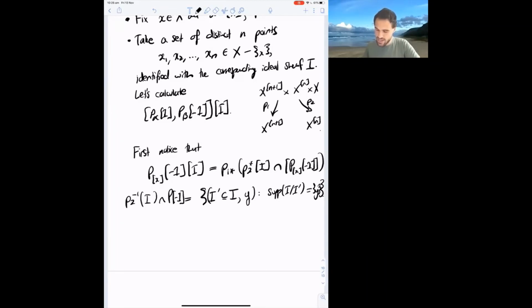And basically the effect of this cap here is to insist that the point y that I get is actually x. So when you do this cap product, it brings you down to the part where y is equal to x.